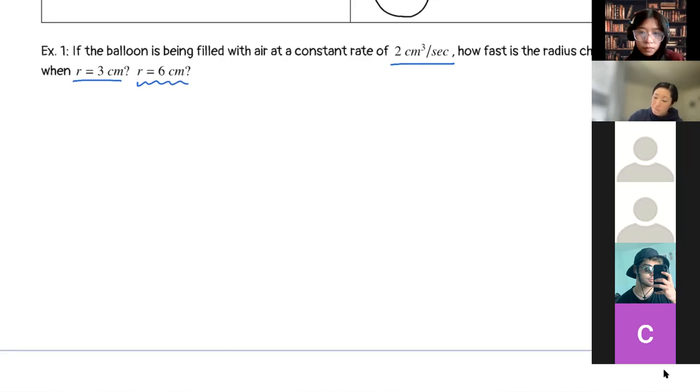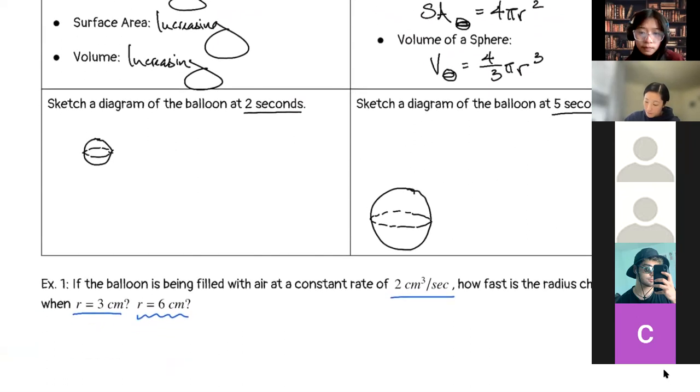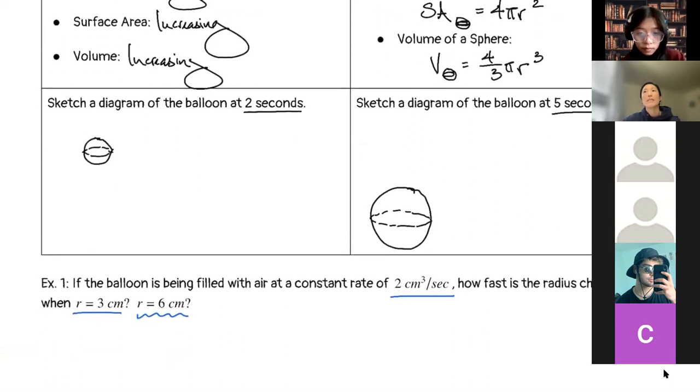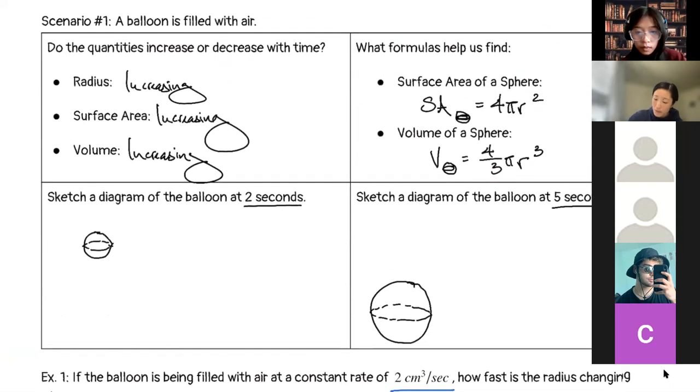If the radius was changing, what would the units be? Let's go back up here and write those out. If the radius were changing, we would say dr over dt, how the radius changes over time. And the units for that rate of change would be something like centimeters per second, because radius is measured in centimeters and time, maybe we measure it in seconds.